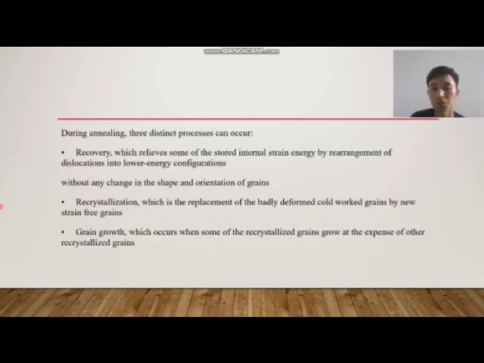Recrystallization, which is the replacement of the badly deformed cold worked grains by new strain-free grains. Grain growth, which occurs when some of the recrystallized grains grow at the expense of the other recrystallized grains.